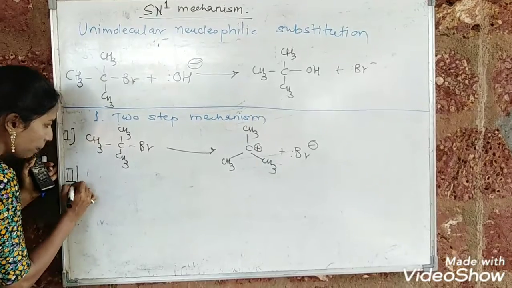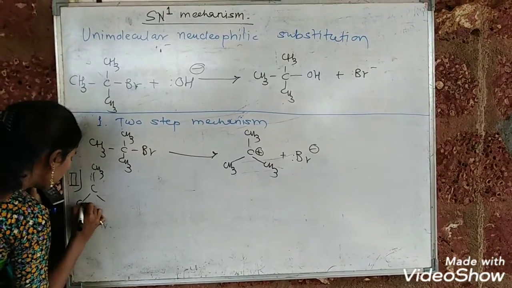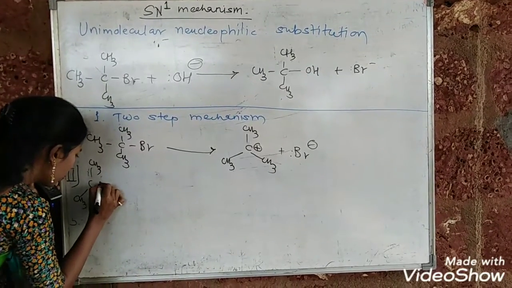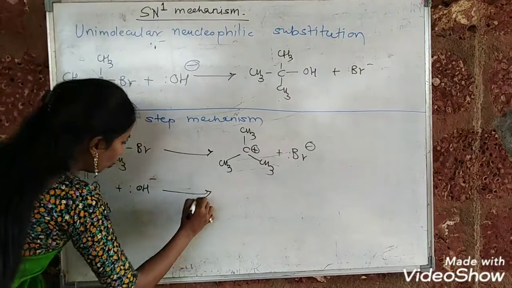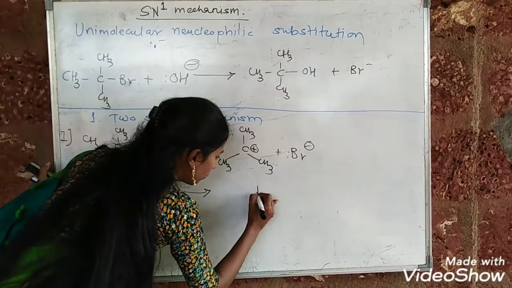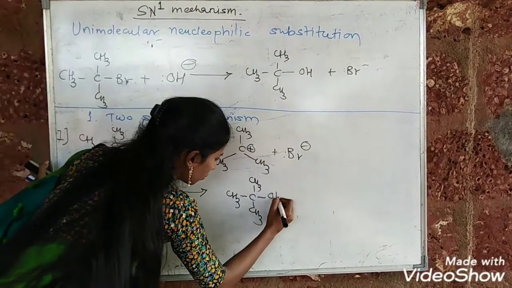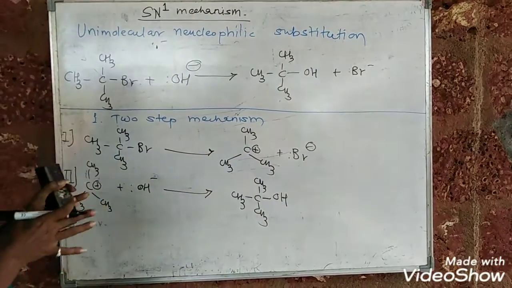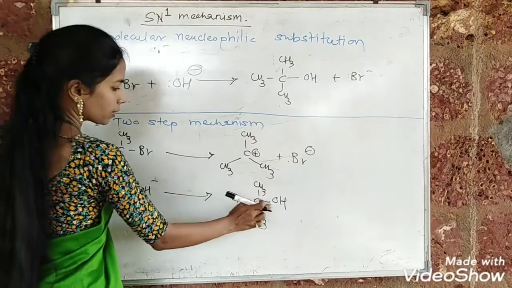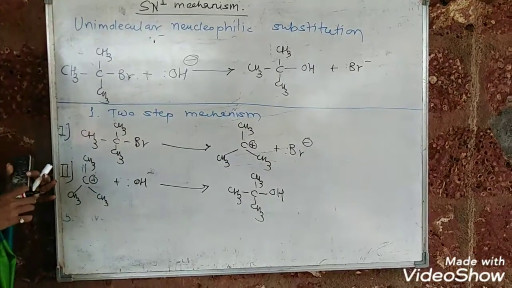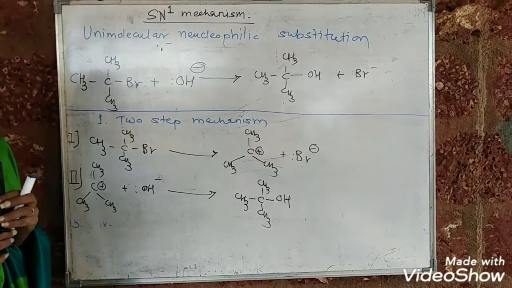And in the second step, this carbocation is attacked by the nucleophile, which is OH, and it gives the product, which is tertiary butyl alcohol. So in the first step there is breaking of a bond, and in the second step there is formation of a bond. Both these steps are different, therefore this mechanism is a two-step mechanism.